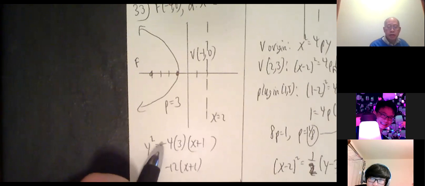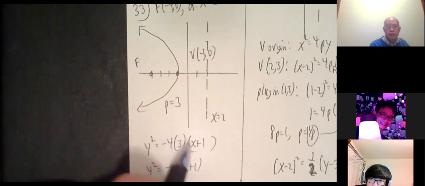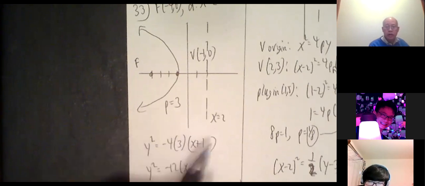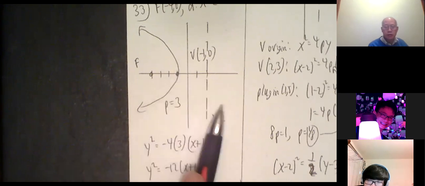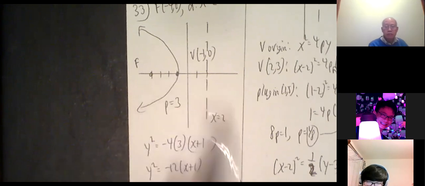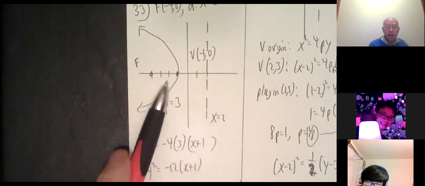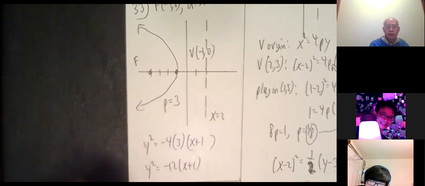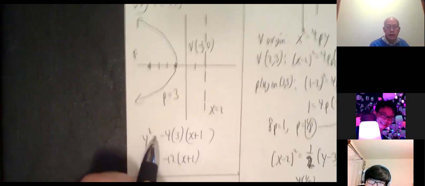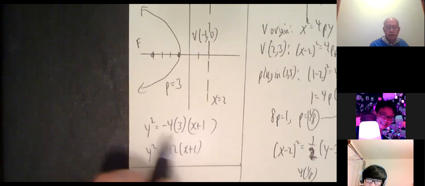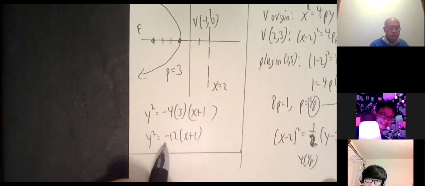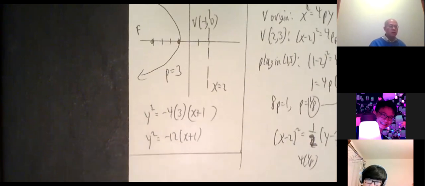So y squared equals negative 4 times 3 times x plus 1. If the vertex was the origin, it would just be x. But since I have a translation 1 to the left and nowhere up or down, it has to be x plus 1. Then I just multiply that out. Negative 4 times 3. So y squared equals negative 12 times x plus 1. Final answer.